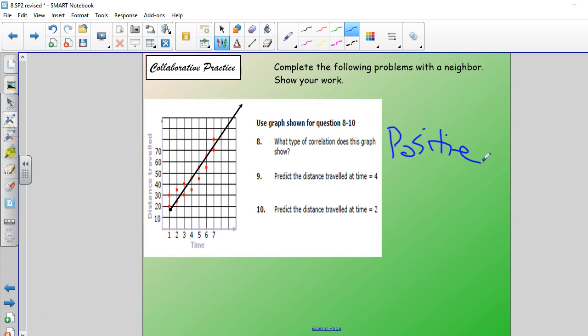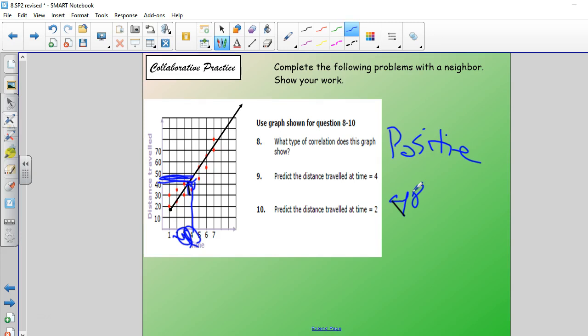Can we predict the distance traveled at time equal 4? We absolutely can. Look at 4 for your time, not 3 that I just circled, sorry guys. Follow it up to the graph, to the line of best fit, and over, and you can see that it would be somewhere around 48.